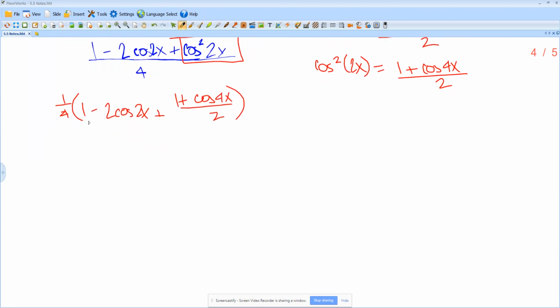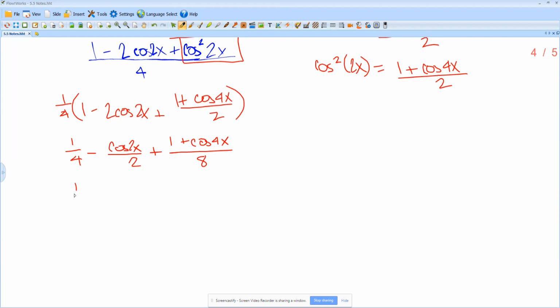So if I redistribute this 1/4, I get 1/4 minus cosine of 2x over 2, because of the 2 over 4, plus 1 plus cosine 4x over 8.